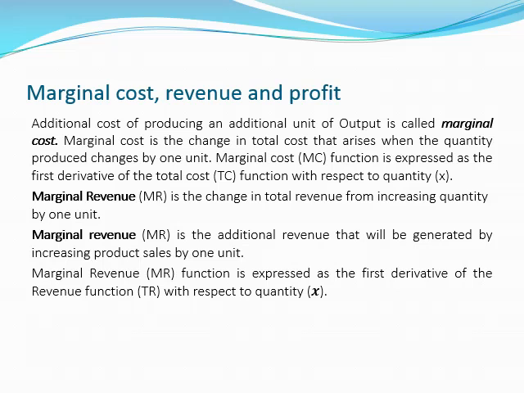Marginal revenue is the change in total revenue from increasing quantity by 1 unit. Marginal revenue is the additional revenue that will be generated by increasing product sales by 1 unit. The marginal revenue function is expressed as the first derivative of the revenue function with respect to quantity.